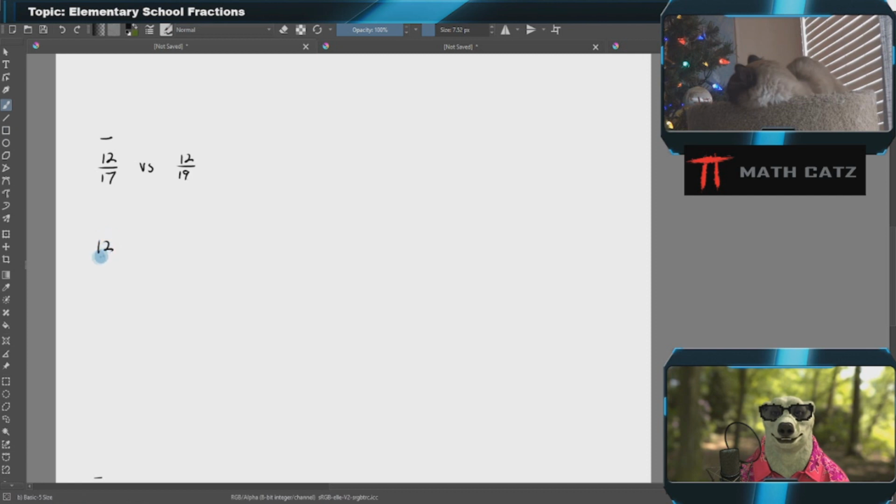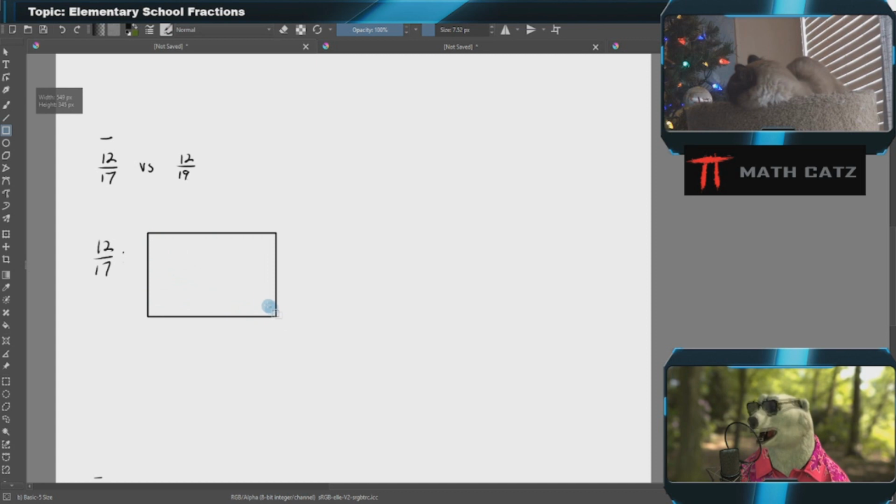So if we want to just visualize the part of a whole concept of 12/17, so we're looking for a rectangle, you can imagine splitting it up into 17 equal pieces, and then we have, let's say here, 12 of these little pieces.